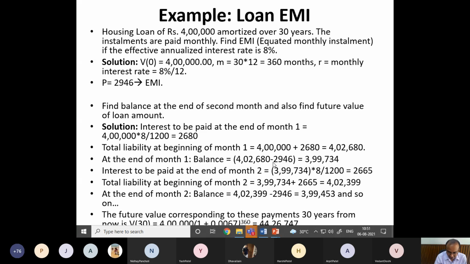But when you subtract the EMI amount, you have to add the interest amount that you have actually paid inside this EMI amount, right? So you are actually not paying 2946 as principal, but inside that there is an interest of 2680 for the first month. So you have to subtract this. So the amount of principal paid is very small, not 2946.